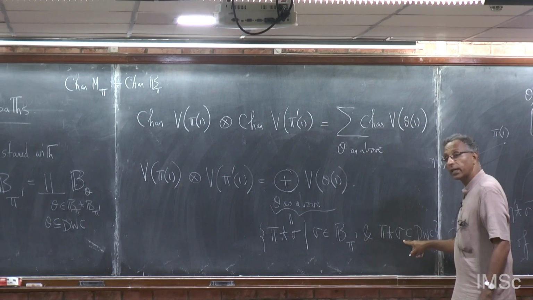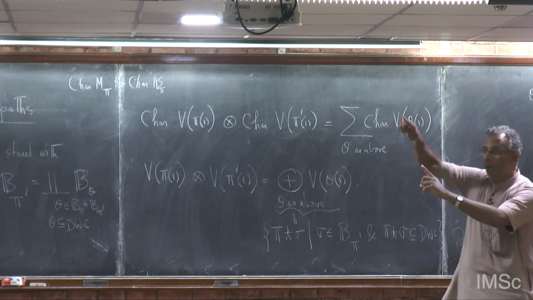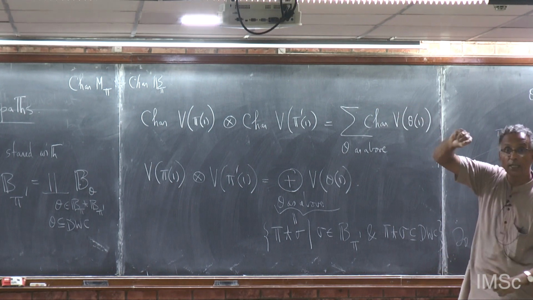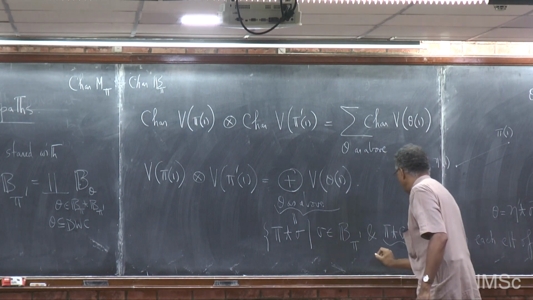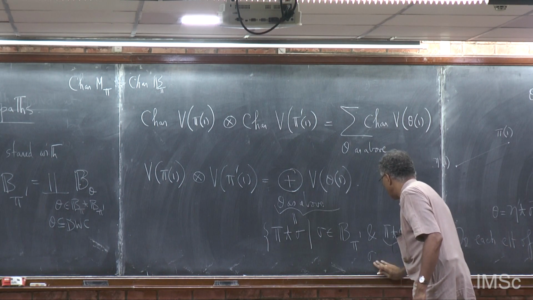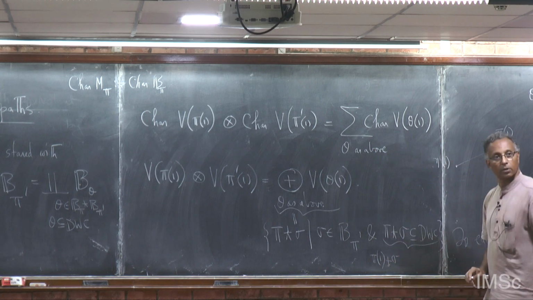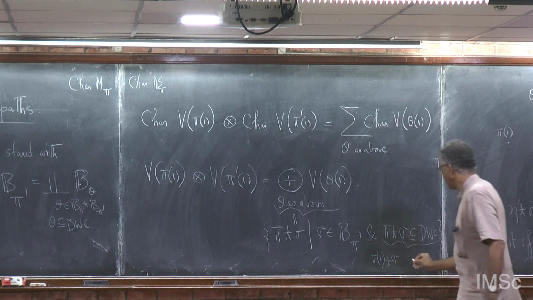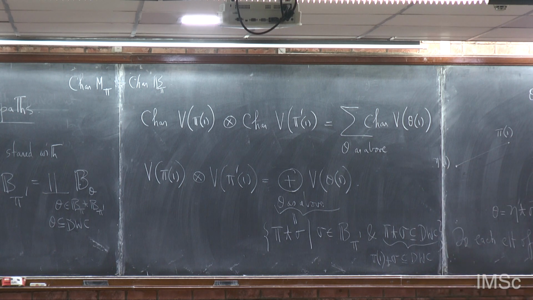For this to live entirely in the dominant Weyl chamber, all you need to make sure is that sigma lies entirely in the dominant Weyl chamber, but sigma is shifted up by pi 1. So you can write this as pi 1 plus sigma, by which I mean sigma shifted by pi 1 lives in the dominant Weyl chamber. And so that is our LR rule.